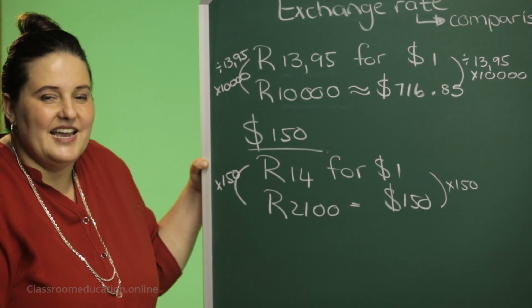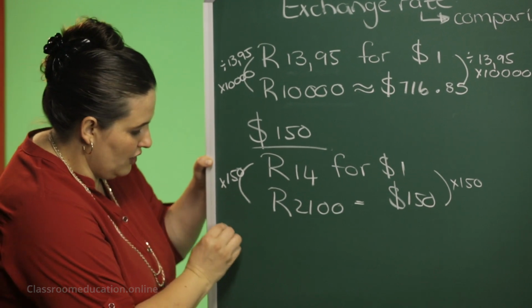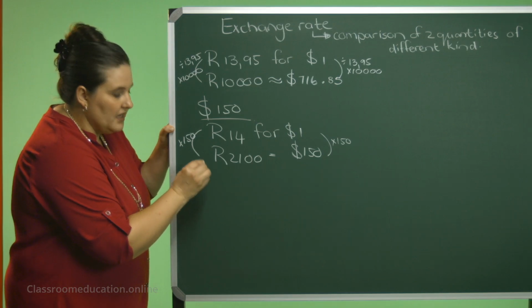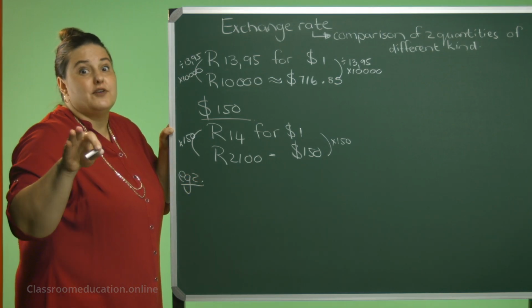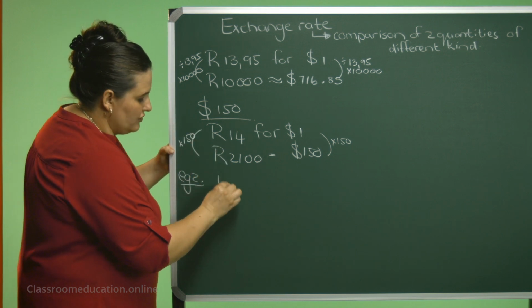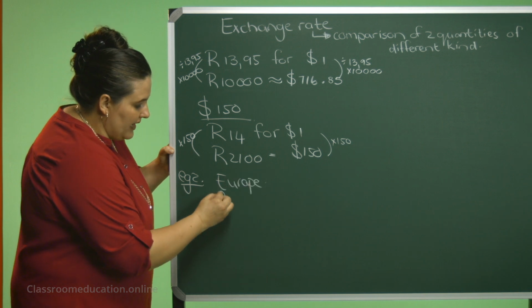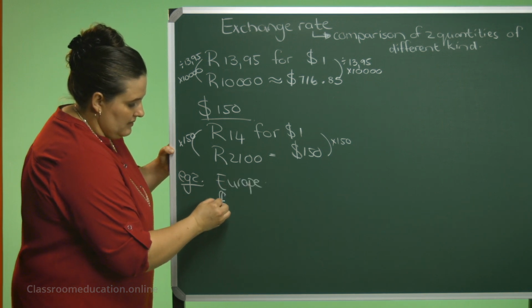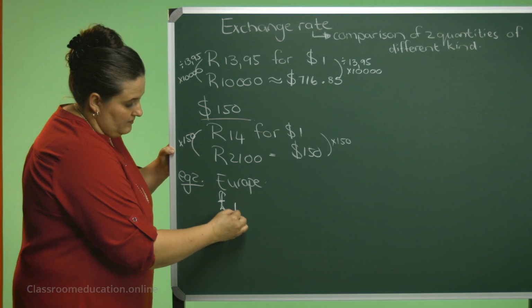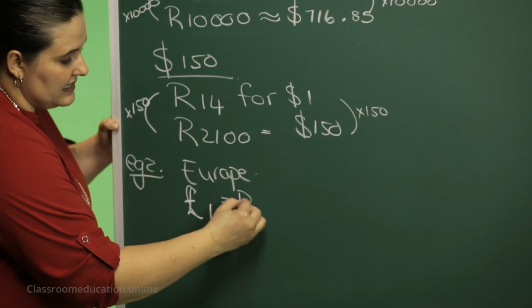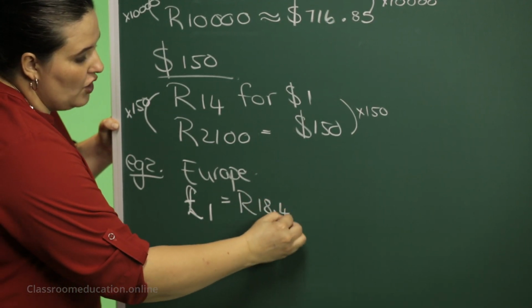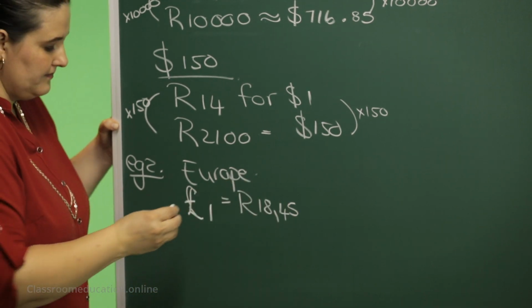Okay. Let's do another example. Example 2. You would like to travel to Europe. Okay. You are going to Europe. And you know that £1 will be 18.45 Rand.